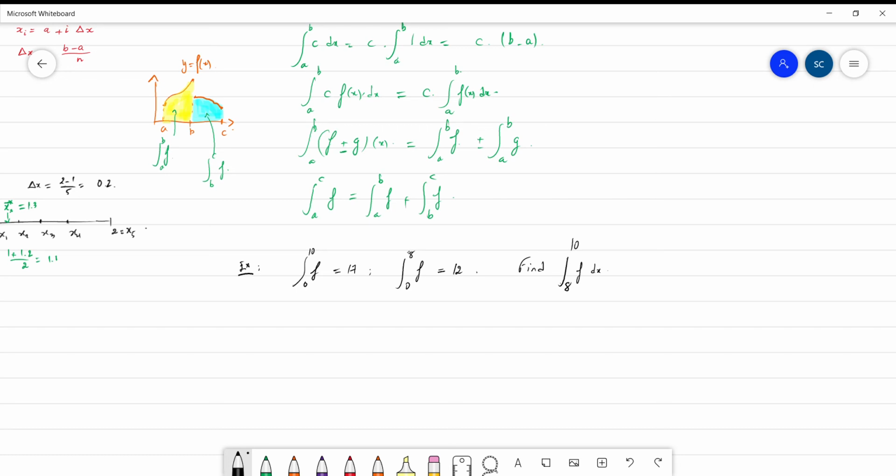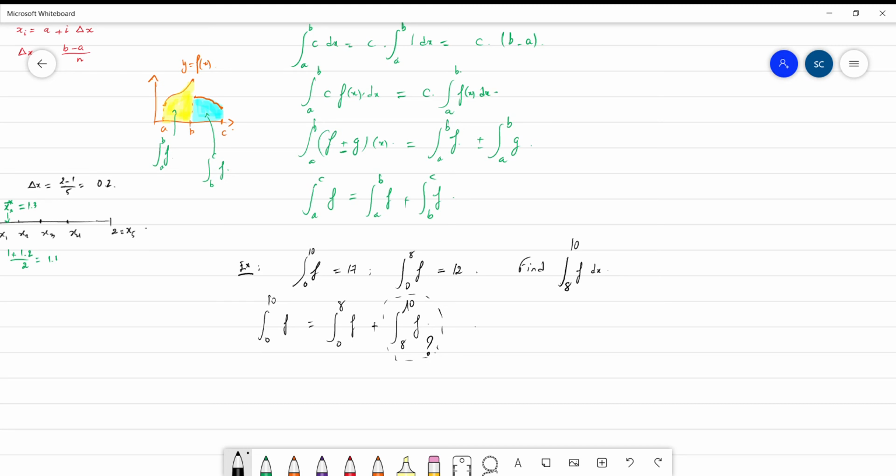So here we will use this equality. I can write the integral from 0 to 10 by dividing my interval into 0 to 8 plus 8 to 10, and I see that this quantity is the unknown. I want to know it.